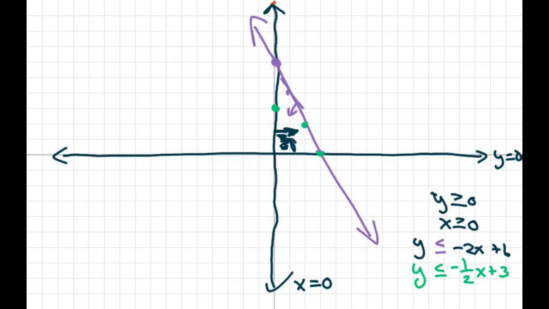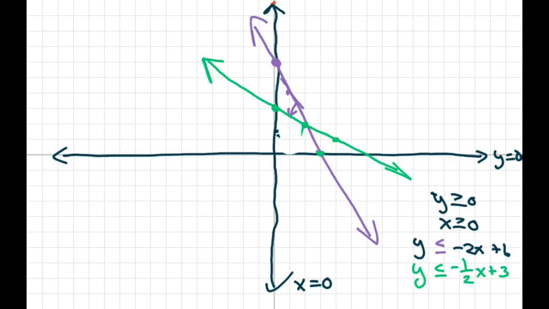Should be right in there. When you graph that one, let me see how far I can get. It goes there. All right, so there's that one. And this one is less than, so that means you're shading down. So all of these you're shading up in here.